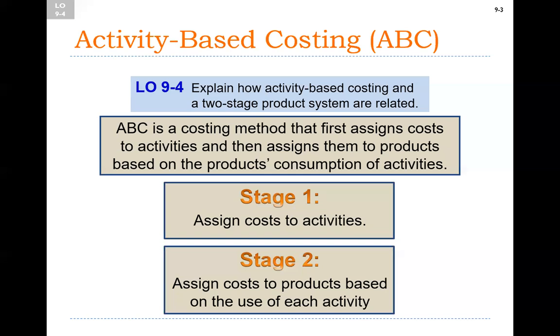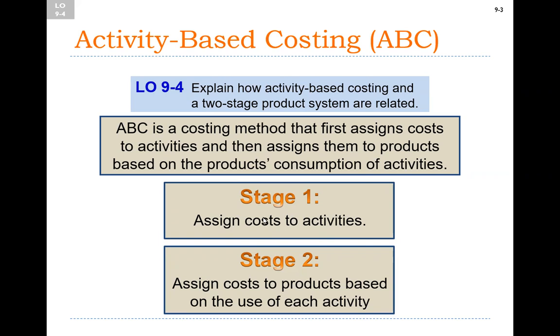So if I can determine the detail of all the activities associated with making a product or providing a service, then I can estimate the cost of that activity. And then I can come up with a rate and then use that rate to assign the overhead costs to the end product. So there are two stages.